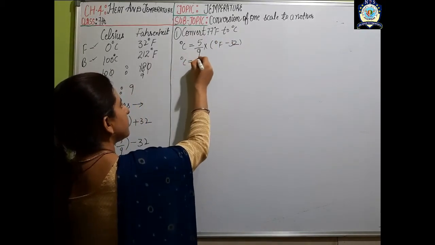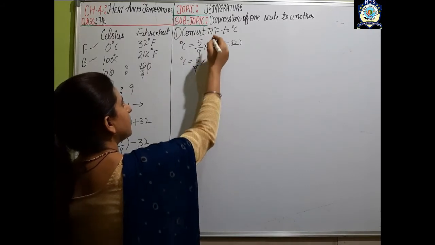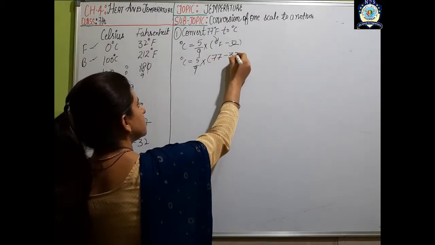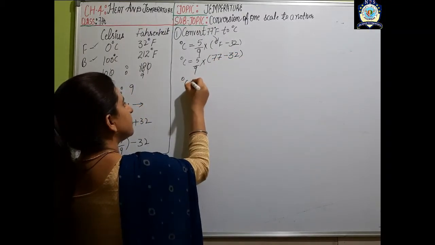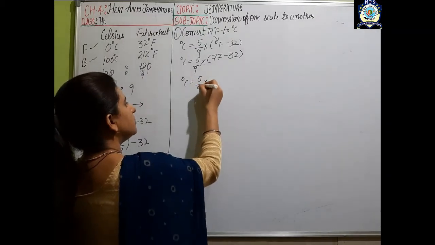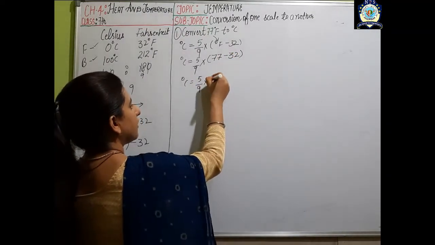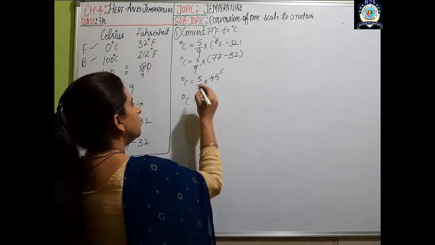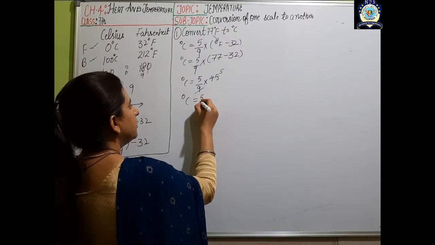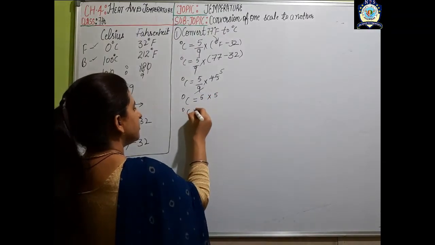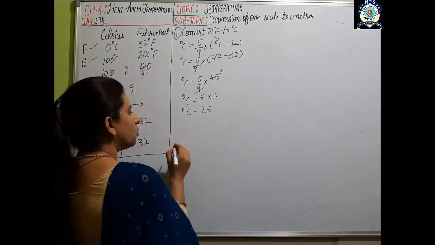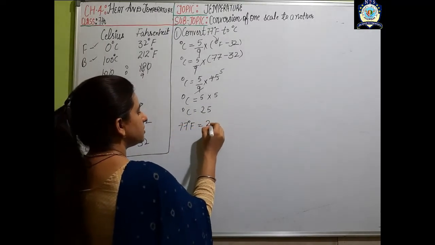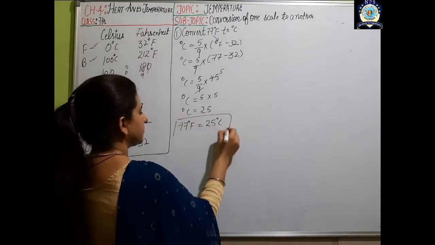Now degree Celsius is equal to 5/9 multiplied by, we will put the value here, that is 77 minus 32. 77 minus 32 is 45, so degree Celsius is equal to 5 multiplied by 5, degree Celsius is equal to 25. So 77 degree Fahrenheit is equal to 25 degree Celsius.